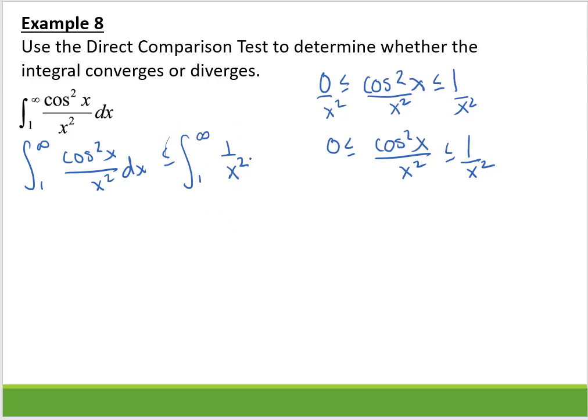So we have a greater function here. We need to figure out whether or not that integral converges or diverges.